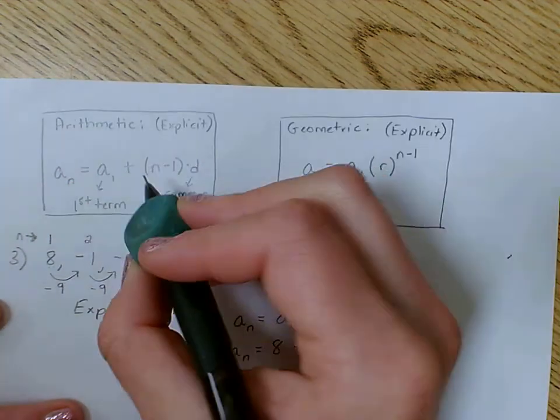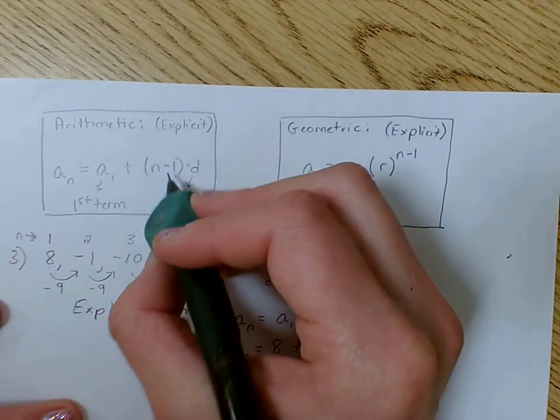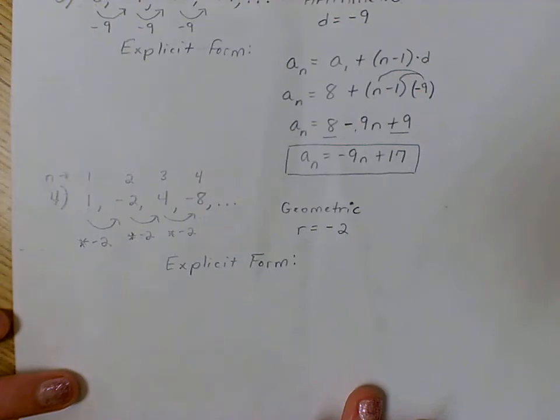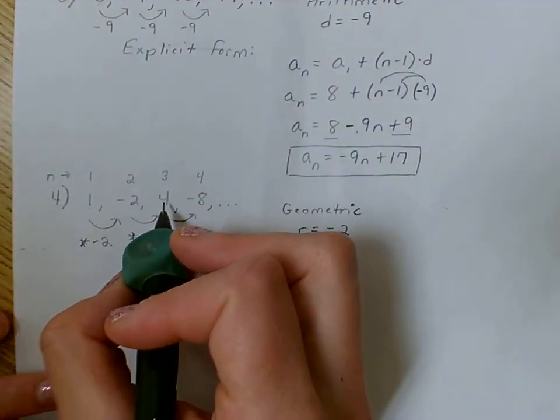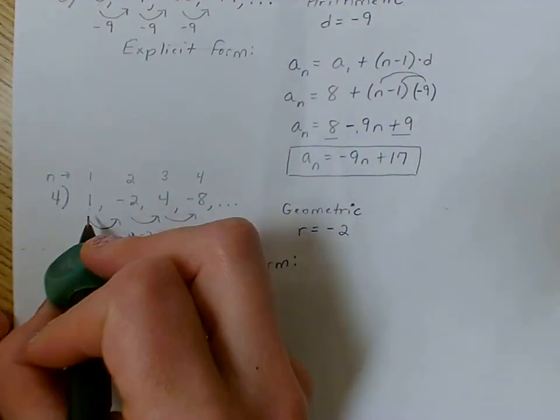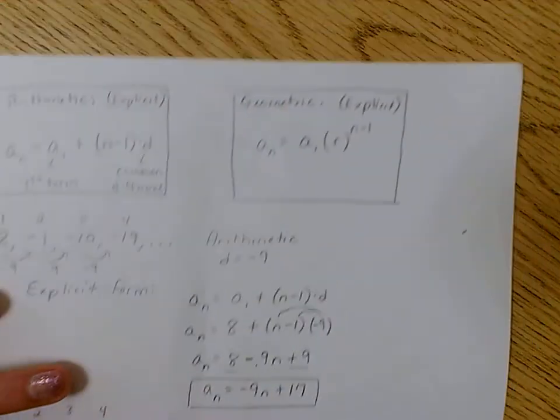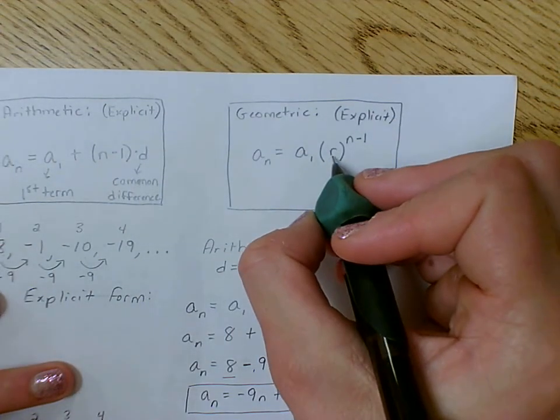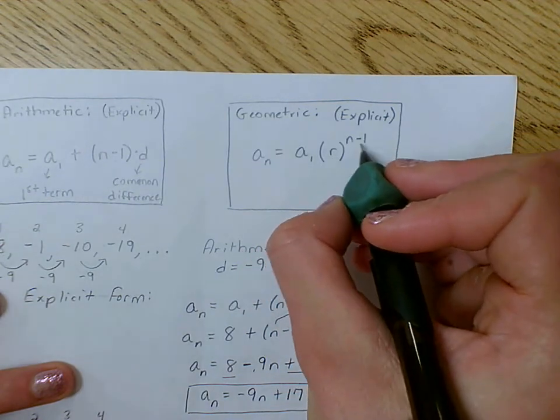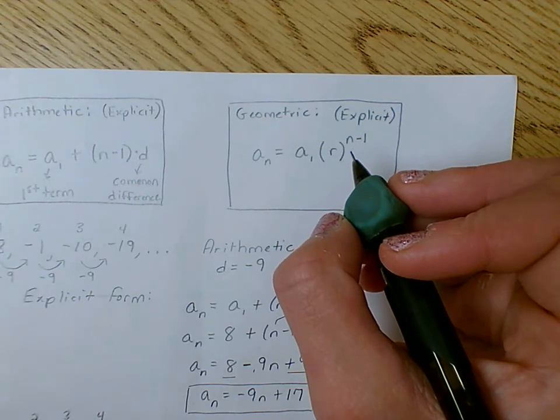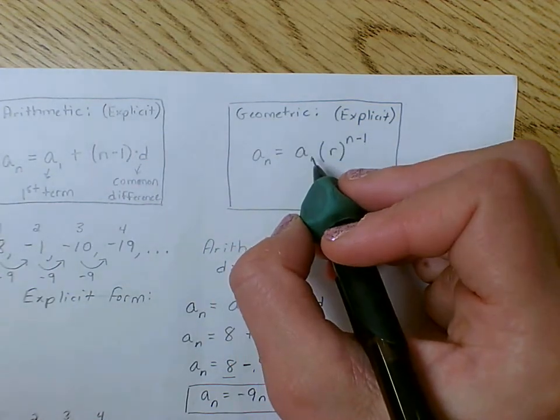And kind of like we talked about where that came from. It's similar here because if you look, if I was finding the third term here, I'd only have to multiply by negative 2 twice. And so you're multiplying by that common ratio one less time than whatever term you're finding. Okay, so that's where that comes from.